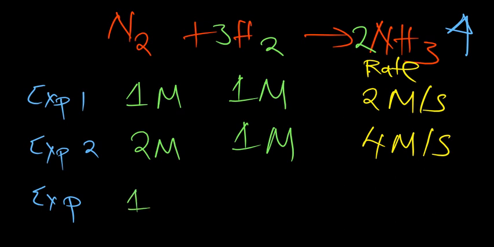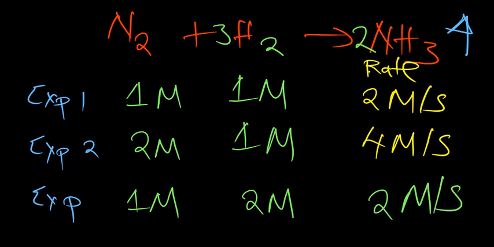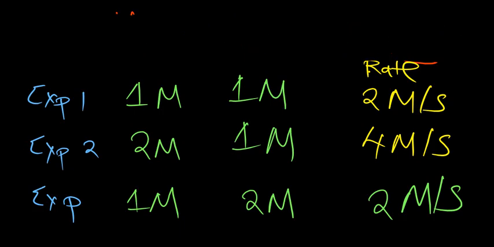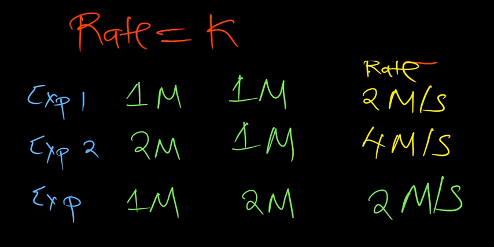They maintained nitrogen and doubled hydrogen, yet the rate remained the same. So for such a question, they would ask you to determine the rate law. The rate law is just an equation that shows you the relationship between the rate of the reaction and the reactants. So it can be something like the rate is equal to k times the reactants, in this case hydrogen and nitrogen.